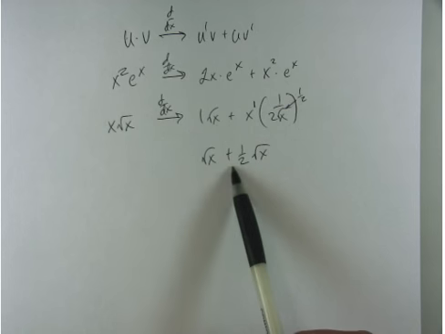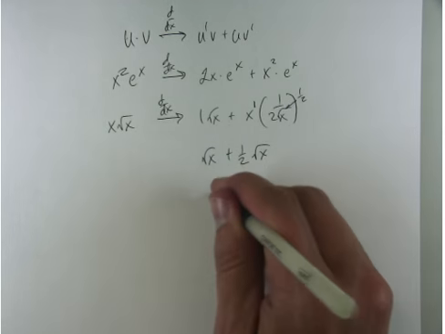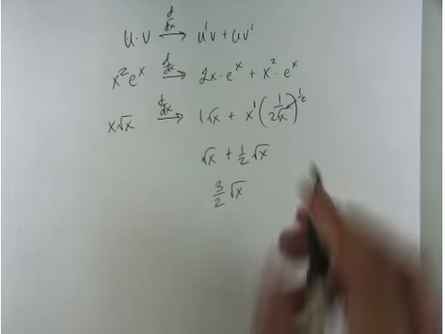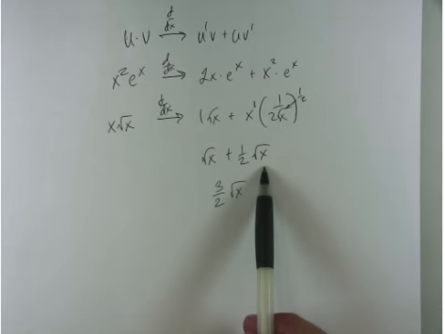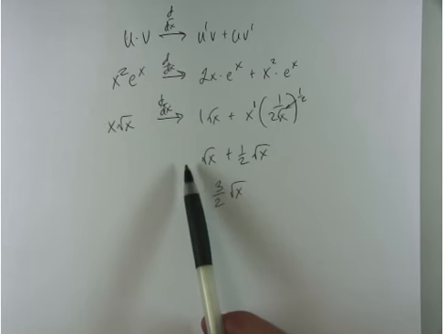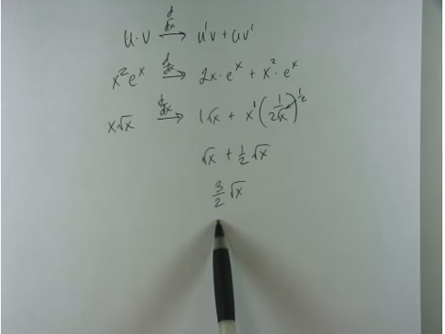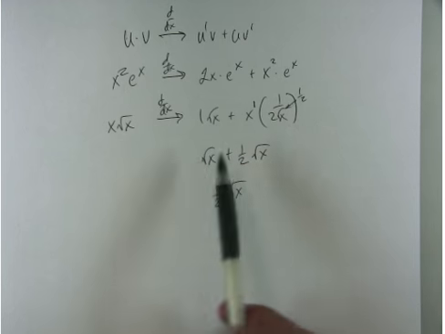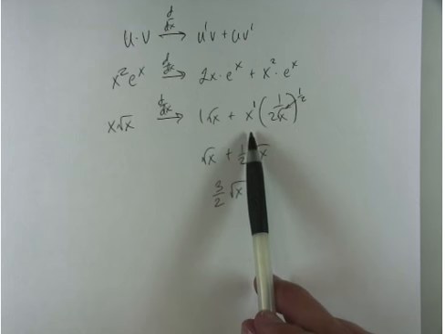So that's root x plus 1/2 root x, or 3/2 root x. These are the same term, so I can add their coefficients. 1 plus 1/2 is 3/2. So this is an easier way of writing all this mess.